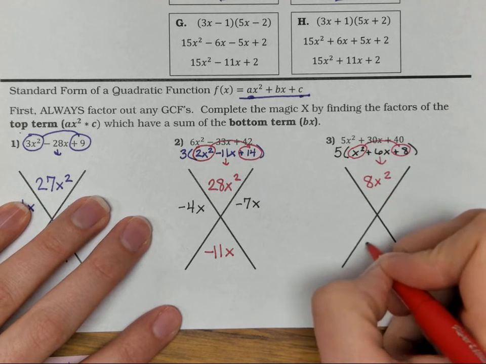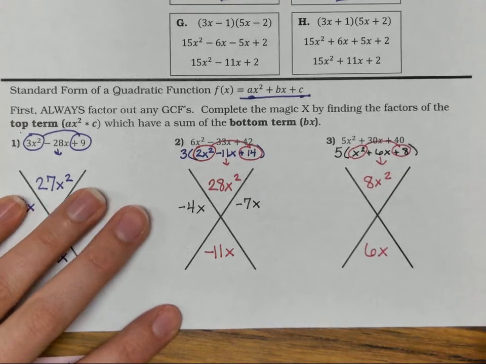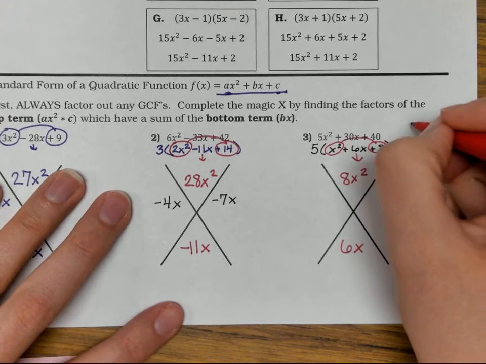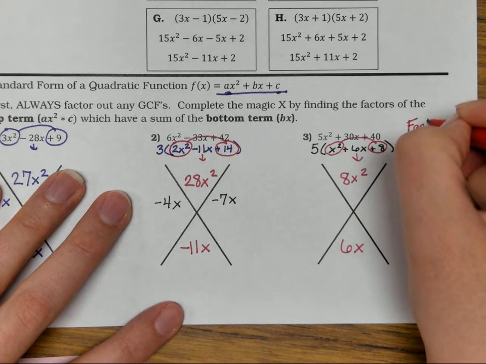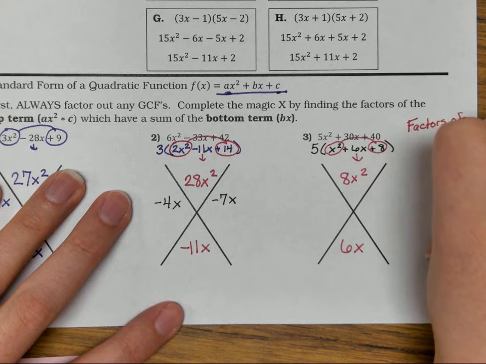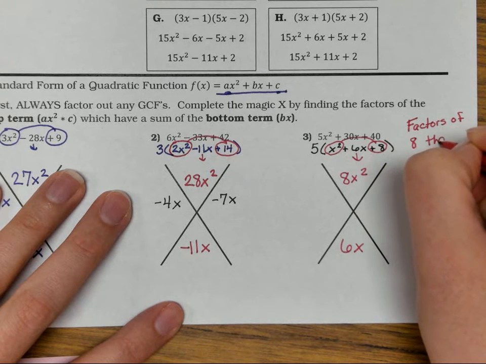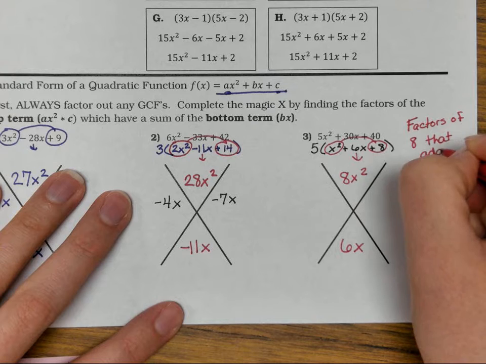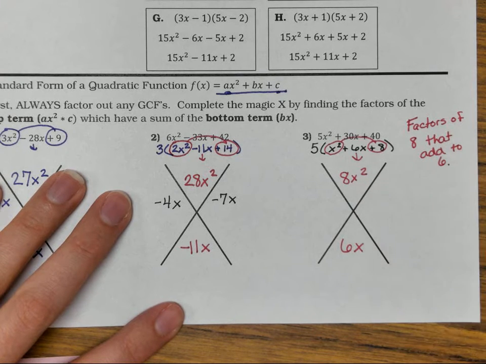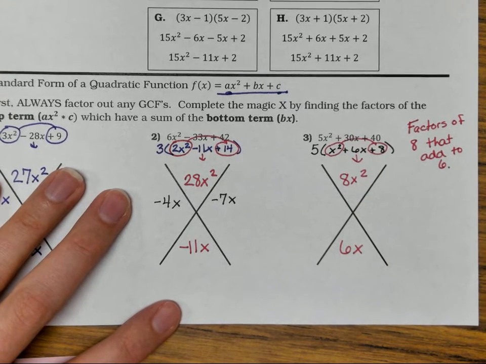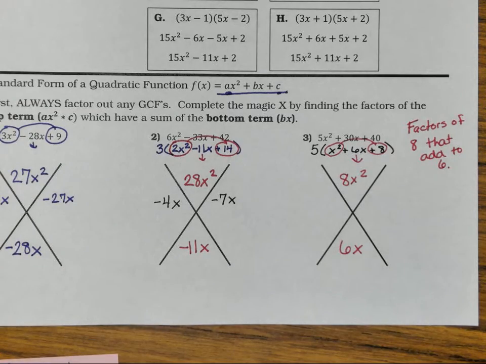Middle term goes to the bottom. So this time you are finding factors of 8 that add to 6. So factors of 8 that add to 6.